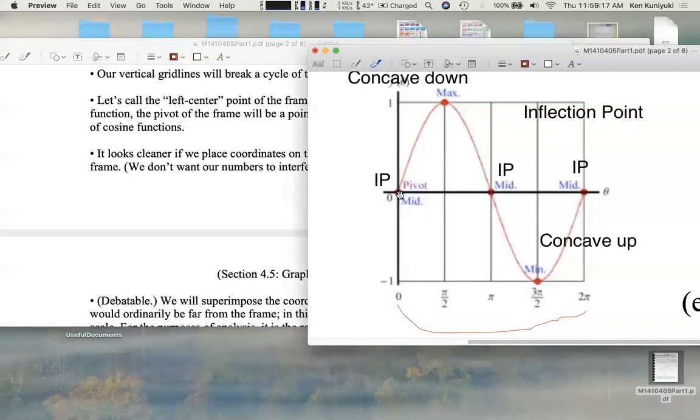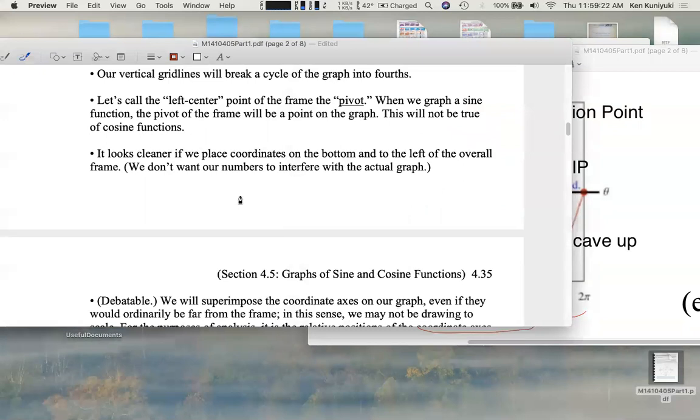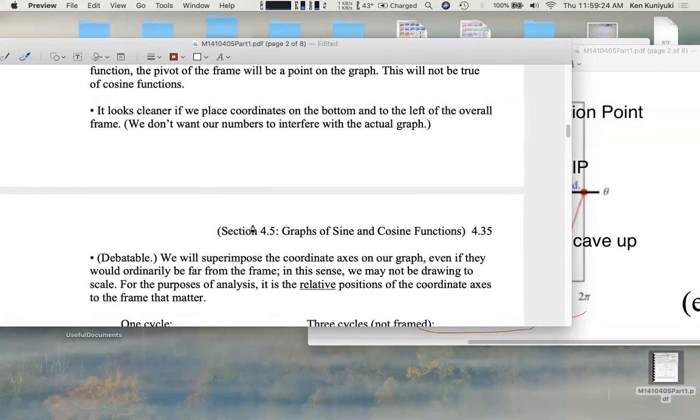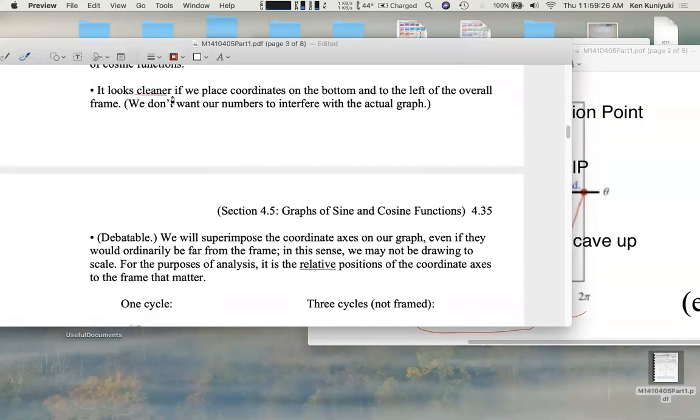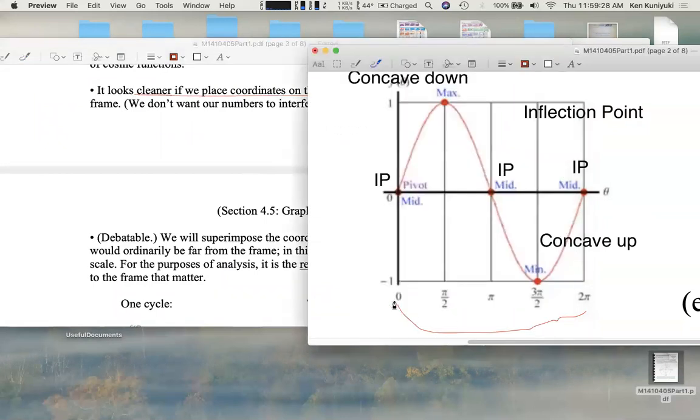Tangent's going to be an exception. We're going to place the pivot at the center point for tangent. We'll see why. Again, it looks cleaner if we place coordinates on the bottom of the frame and to the left of the frame so that our graph isn't running into the numbers. That always used to annoy me as a student.